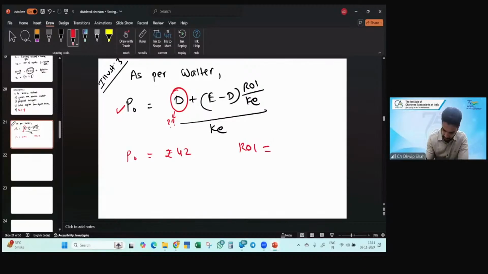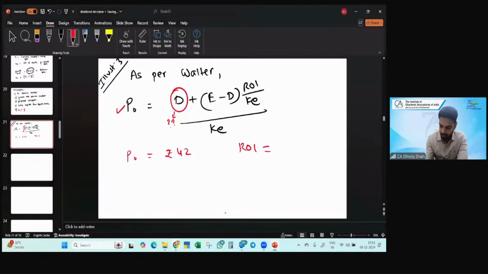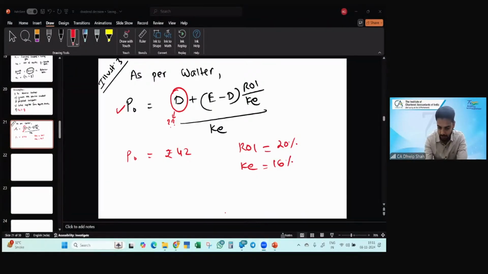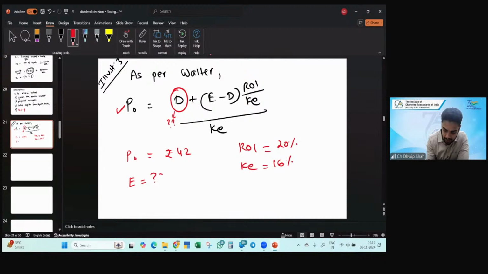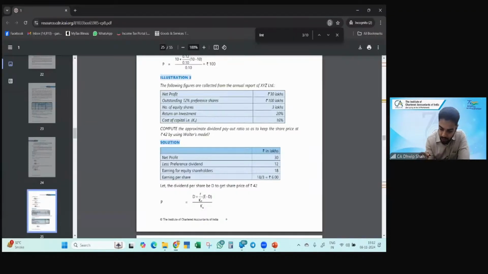ROI is also given in the question. ROI is 20%. K is 16%. Just put the formula and get the answer. We need to calculate E because E is not given. But to calculate EPS, we have other details given in the question. We can easily calculate earnings per share.